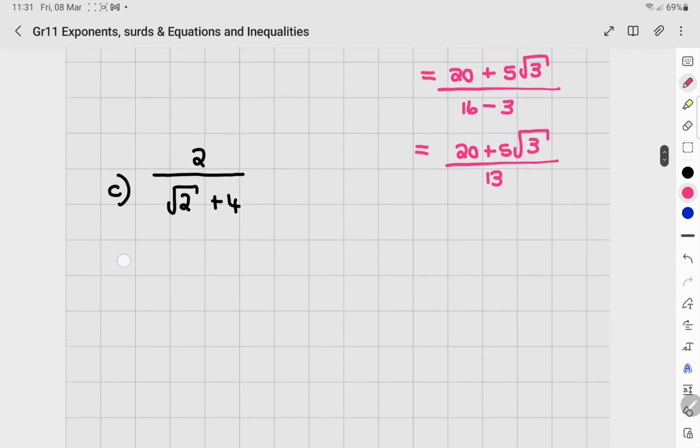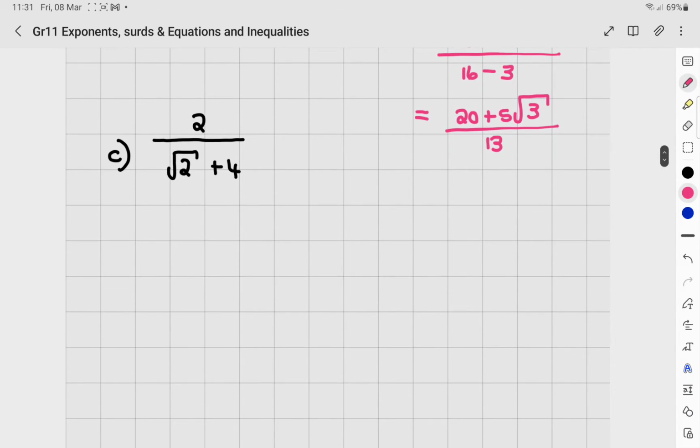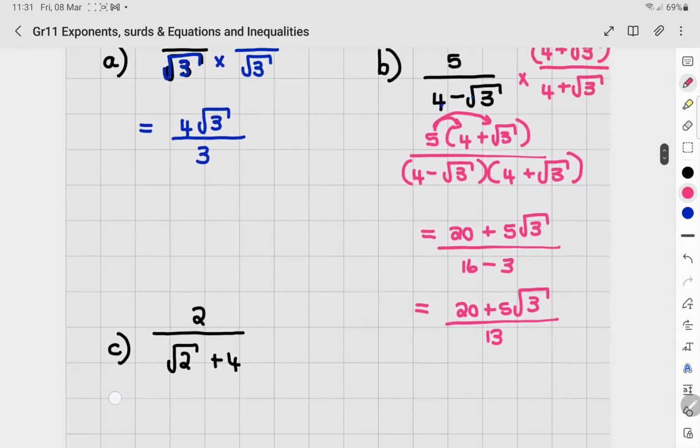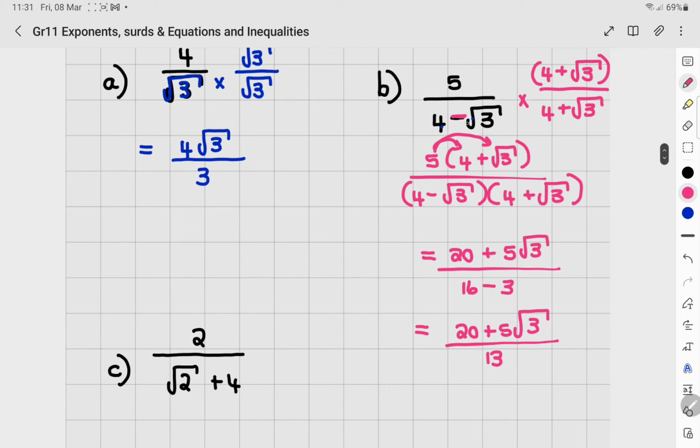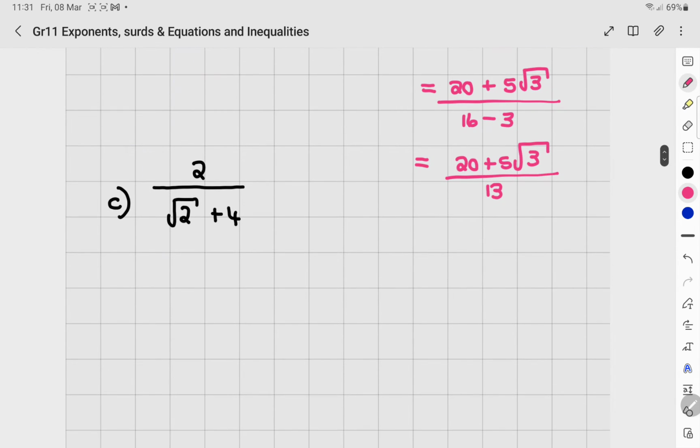There's your answer. Okay, now people, just to avoid a sign change at the end, we want to always change the sign that is right in front of the square root or the cube root. So over here, we want to change this plus into a minus.